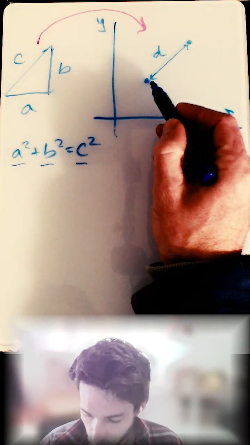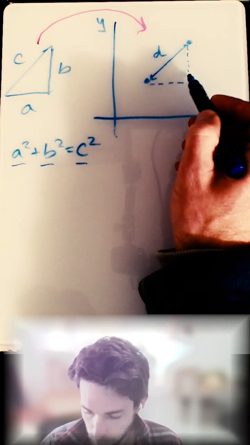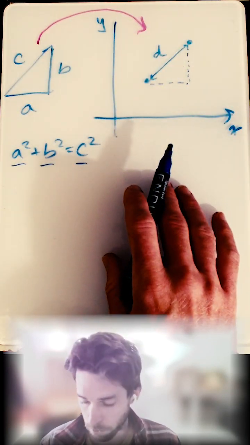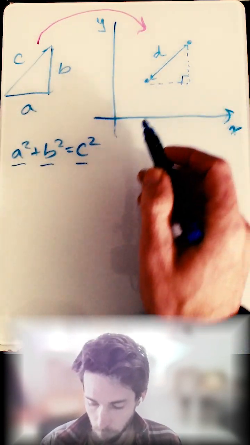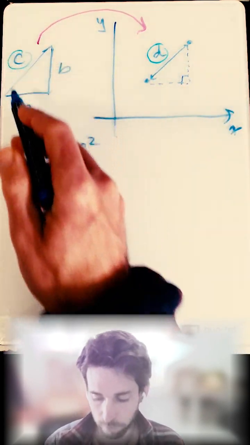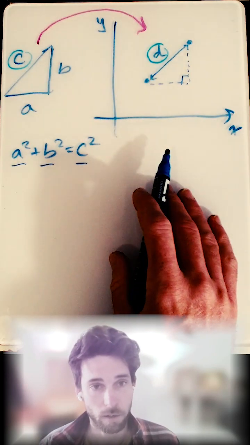If we transpose that shape, this imaginary triangle, onto the Cartesian grid, we can already see c is equal to d. D is the hypotenuse in this case.